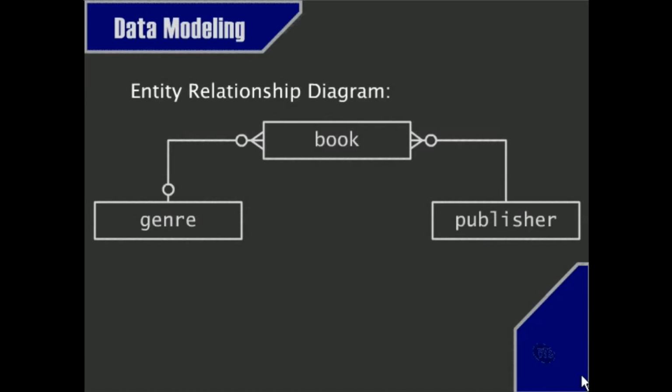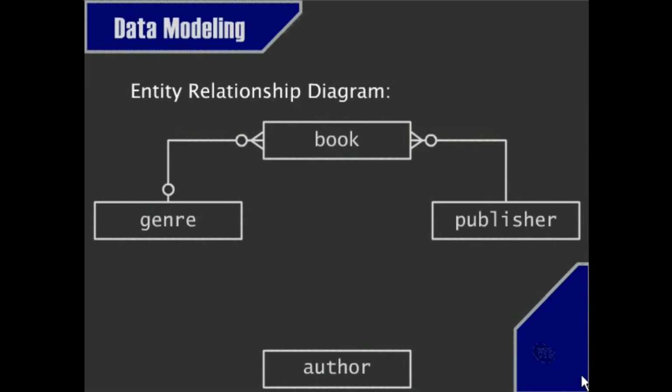Therefore, I'm including a little circle there to show that it's optional at both sides of the relationship. However, it's still the same kind of one-to-many relationship: one genre, many books. We could go further and complicate that to say that a book can cross between two genres, but I think that's better exemplified by the author entity.